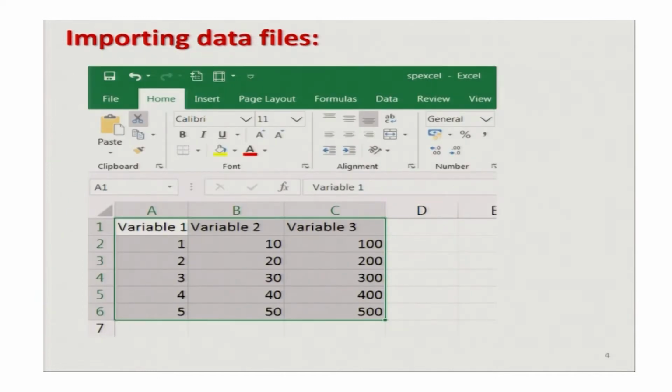Now, I have created a file here whose name is spexcel. This is a similar type of file to the one I used in the case of CSV and text files. It has 5 values and 3 columns: 1, 2, 3, 4, 5 in the first column, 10, 20, 30, 40, 50 in the second column, and 100, 200, 300, 400 and 500 in the third column.